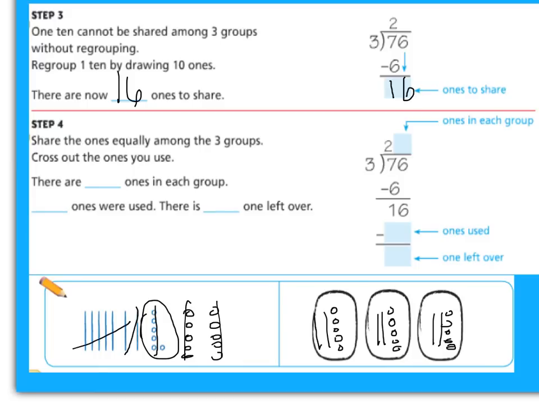So I am now going to say each group gets 1, 2, 3, 4, 5 ones. And then 3 times 5 is 15. So I'm going to say there's the 15 ones that I've used up. And there's 1 one left over. So there are 5 ones in each group. Therefore, 15 ones were used and 1 one is left over. So this becomes my remainder, my 1 leftover 1.